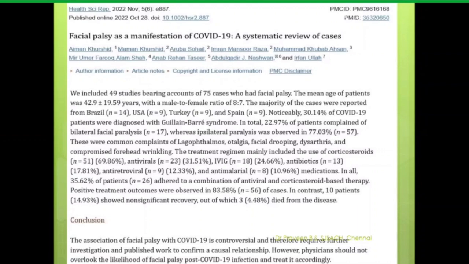So this article gives a whole picture of what we have understood all these days about the causative factors and various organisms which can cause this kind of clinical condition. Apart from that, there are so many things which we did not know, and slowly but steadily we are going to get more information about this.